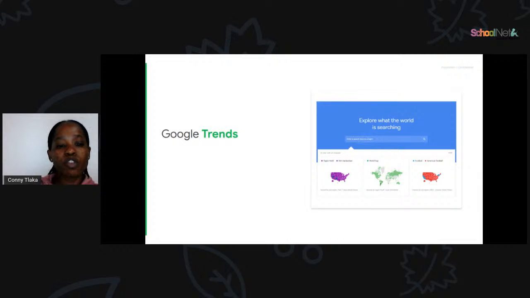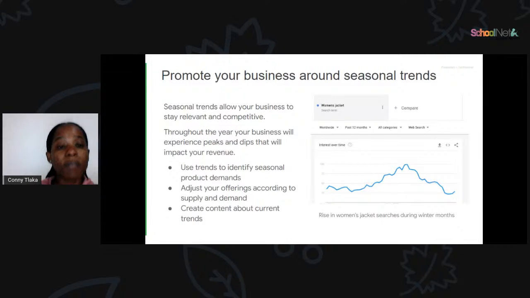So now you need to promote your business around a seasonal trend. A seasonal trend allows your business to stay relevant and competitive. And throughout the year, your business will experience peaks and dips that will impact your revenue.